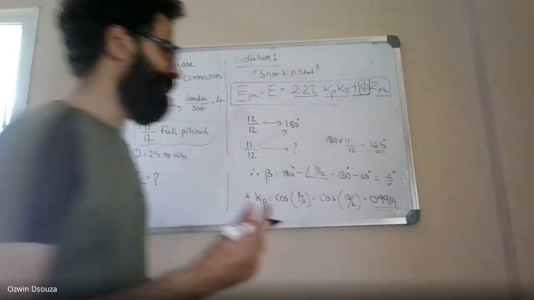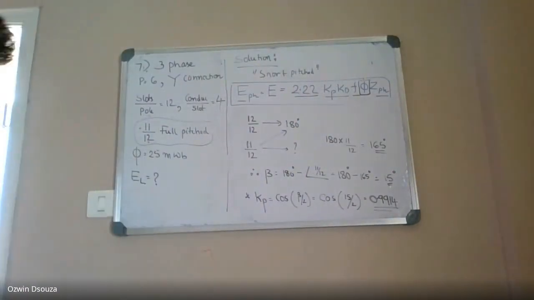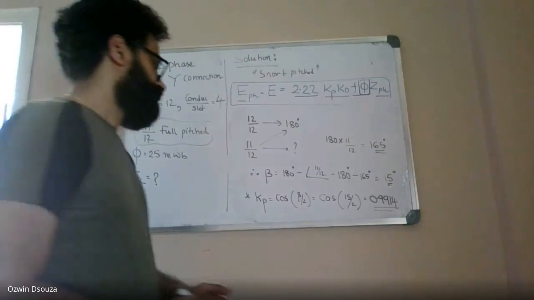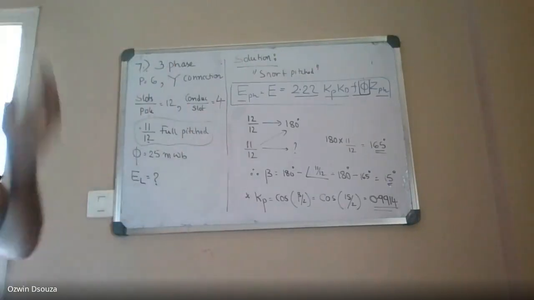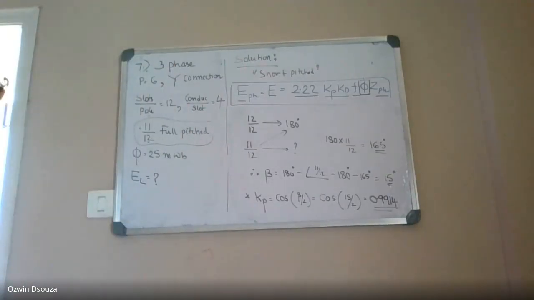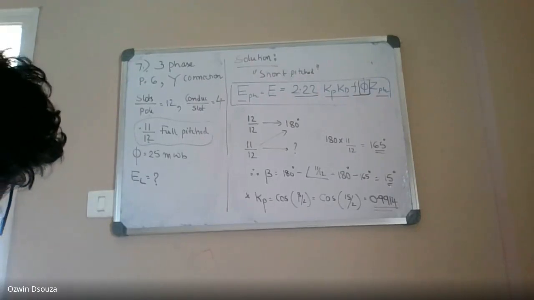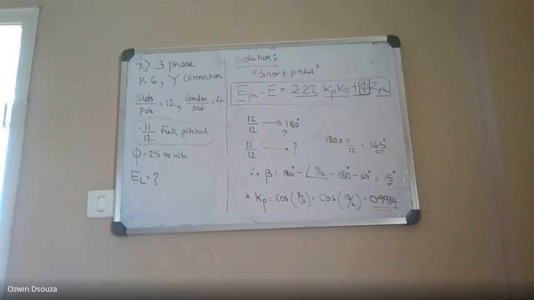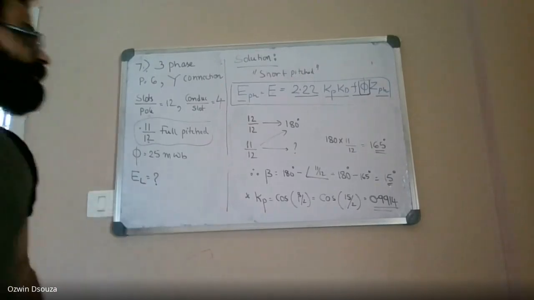Very close to unity, you can say, right? So pitch factor is 0.9914. You can say that pitch factor is very close to unity. Done. So that's about your Kp.